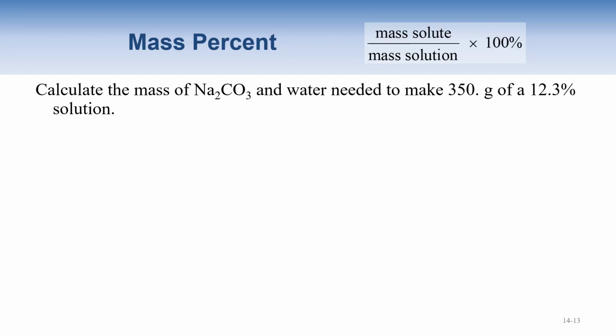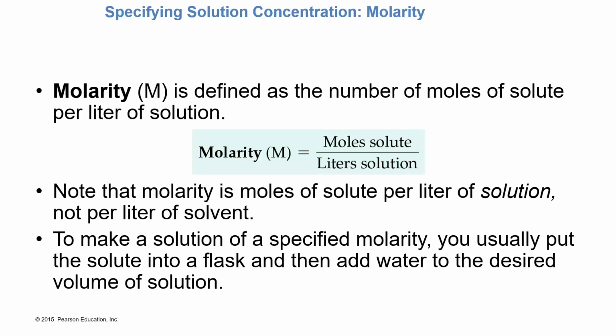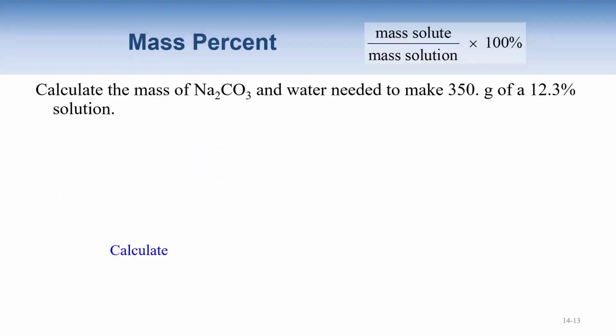Calculate the mass of sodium carbonate and water needed to make 350 grams of a 12.3% solution. So this one's a little bit trickier. So we want to have a mass percent of 12.3%. So let's turn this into a decimal. So we get 0.123.